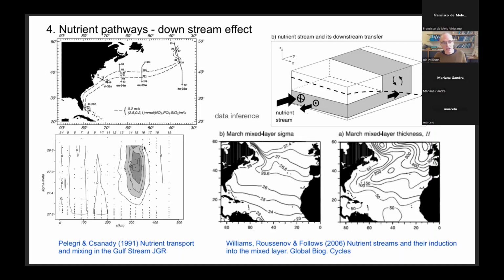So the lighter half of the nutrient stream is probably remaining within the subtropical gyre, but the denser part of the nutrient stream is definitely being transferred downstream into the subpolar gyre.